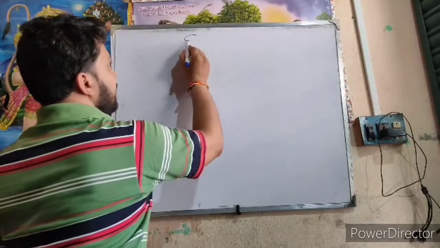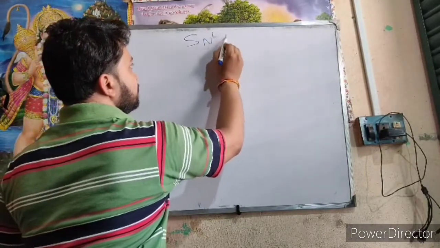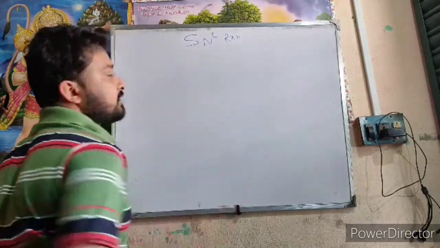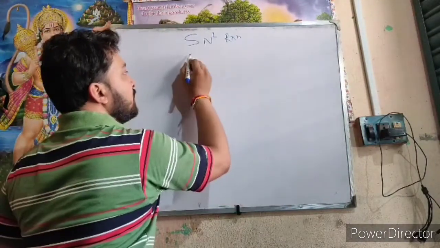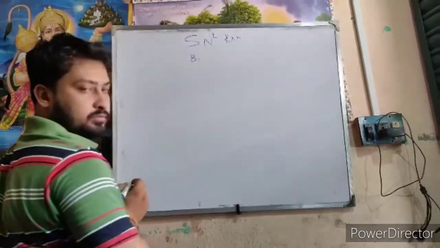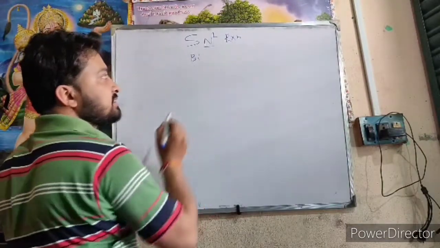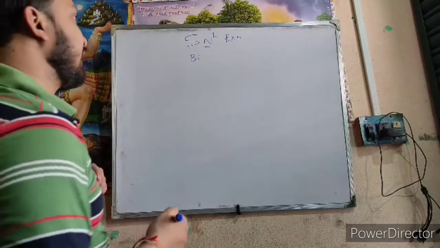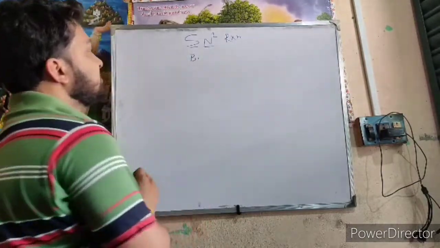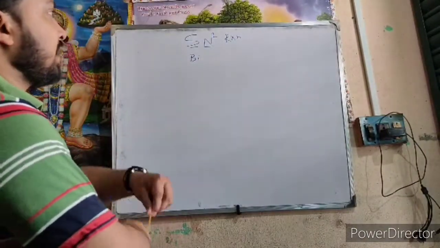Now we are going to discuss the SN2 reaction. SN2 reaction. Look, 2 means bi, N represents nucleophilic, and S represents a substitution reaction.